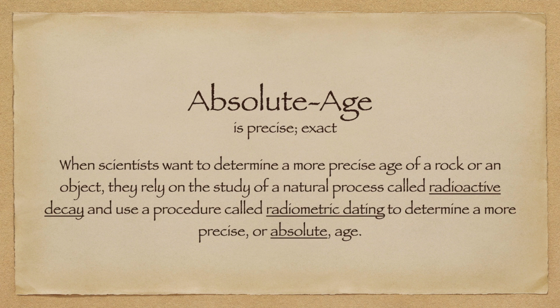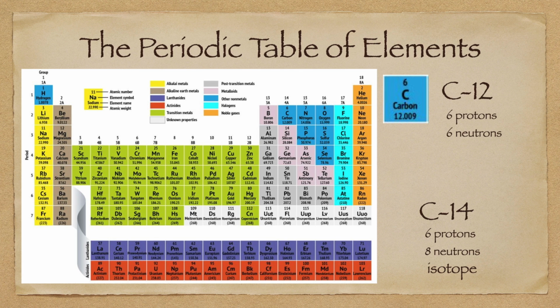So, before we can start talking about radioactive decay and radiometric dating, we got to take another step back to the periodic table of elements. Remember that each element is made up of atoms, and an atom is the smallest part of an element.